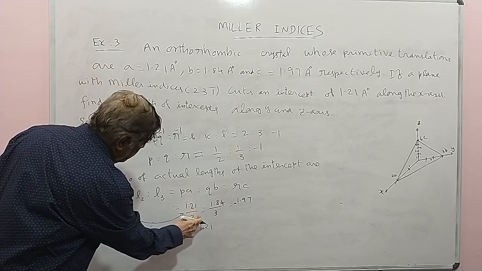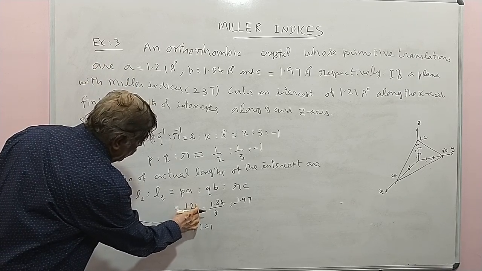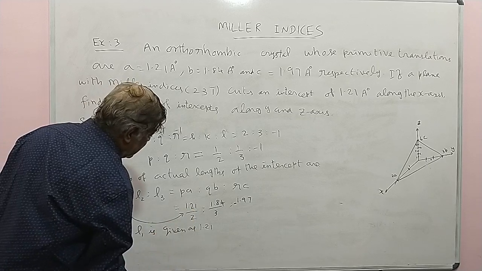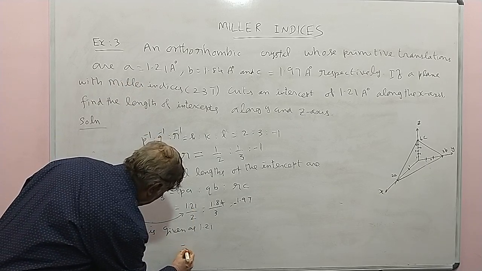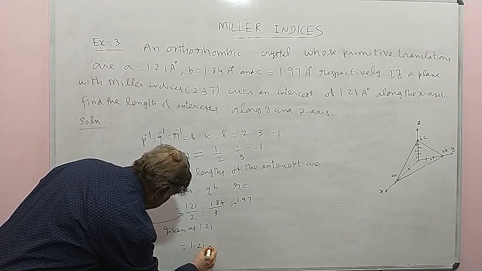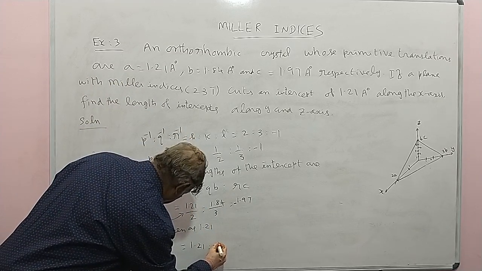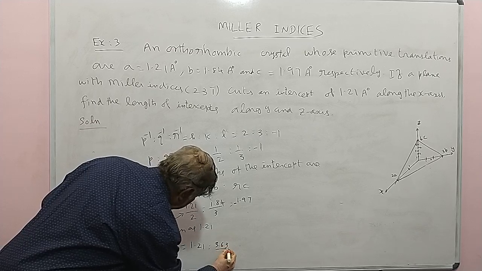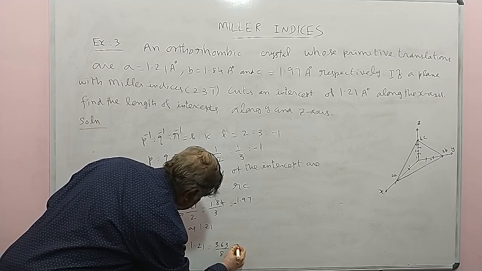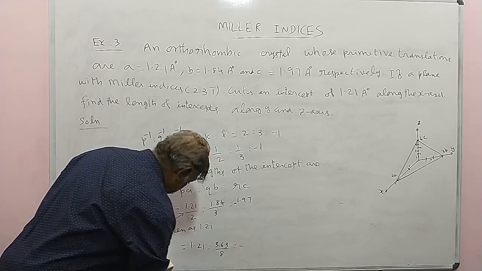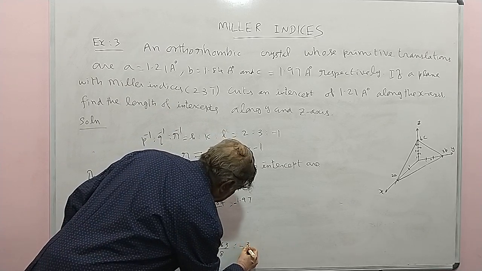In order to get 1.21, if you multiply by 2, you will get this one. So this is equal to 1.21 is to 3.63 by 8, which is to minus 3.94.